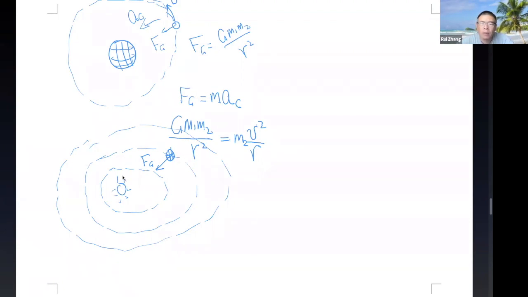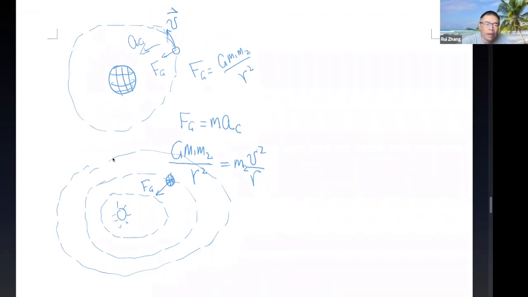You may say, how come it's so precise? How come the speed of the moon is exactly right so that it can rotate around the Earth instead of falling? Where does this speed come from? Now you could answer this question from the totally opposite direction. You could say there might be a lot of things at the very beginning around the Earth.